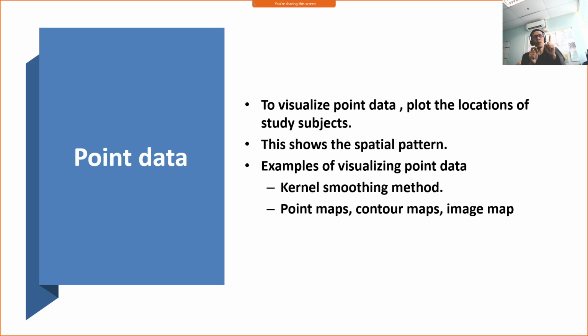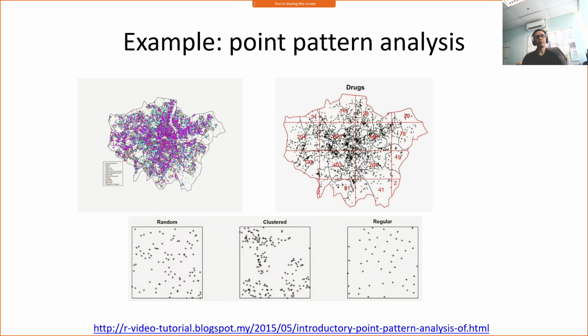You can also do a little bit more advanced analysis, for example a kernel smoothing method to generate a continuous distribution of point data. You can also do contour maps, image maps, and so on and so forth. But more commonly people will do at least the kernel smoothing method.